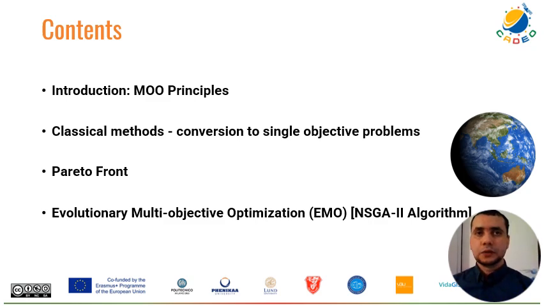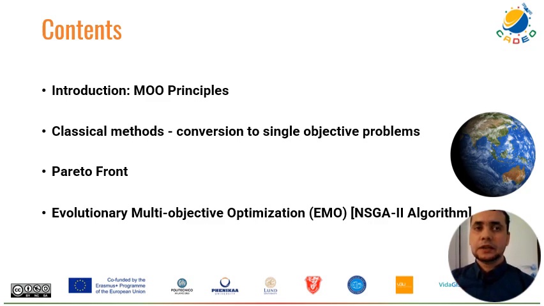Our journey will begin with an introduction to the fundamental principles of multi-objective optimization, followed by an exploration of classical methods that involve the conversion of multi-objective problems into single objective ones. We will then uncover the concept of Pareto fronts, which is a cornerstone of multi-objective optimization and tries to make trade-offs between competing objectives.